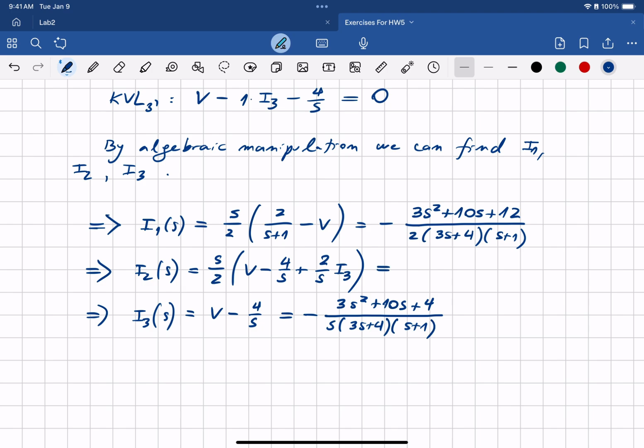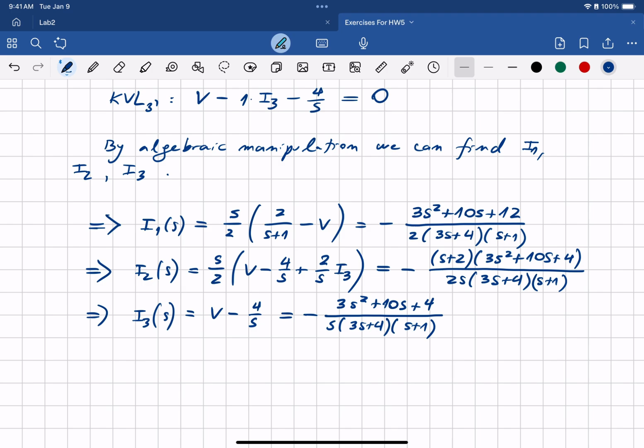So if we plug I3 in here, you should get to minus, this is the most complicated one, I think, (s plus 2)(3s squared plus 10s plus 4) over 2s times (3s plus 4) times (s plus 1). Okay, those are the currents in the S domain.